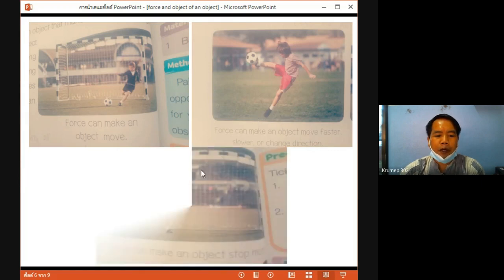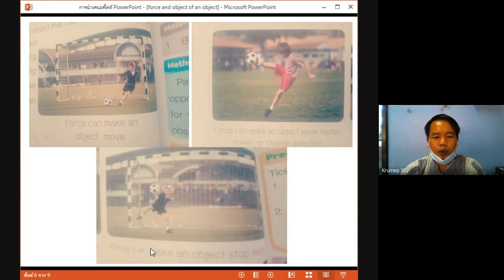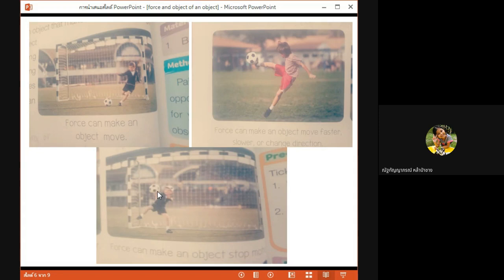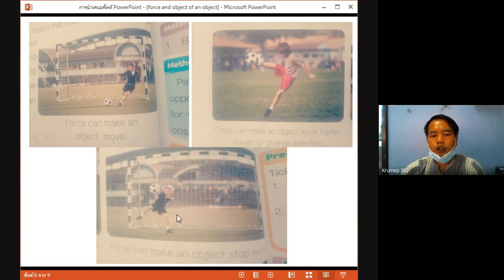And the third picture is we have here force can make an object stop. So the goalie will catch the ball so that it will not shoot in this area.